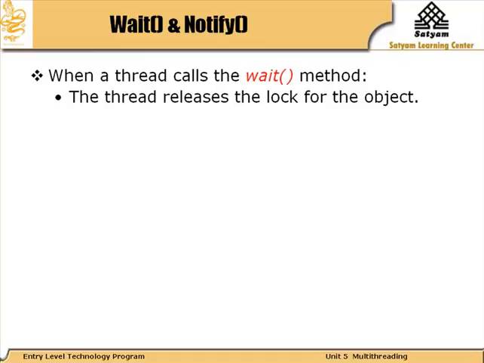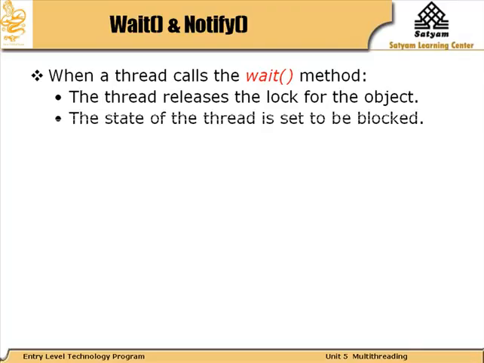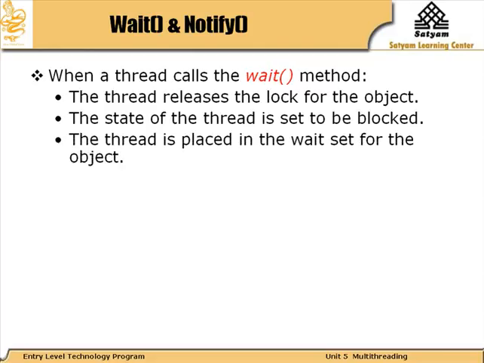This means that if a thread was in a synchronized block or a synchronized method, then it releases the lock before going into a wait state. The state of the thread is said to be blocked until another thread calls notify. The thread is placed in the wait set for the object.